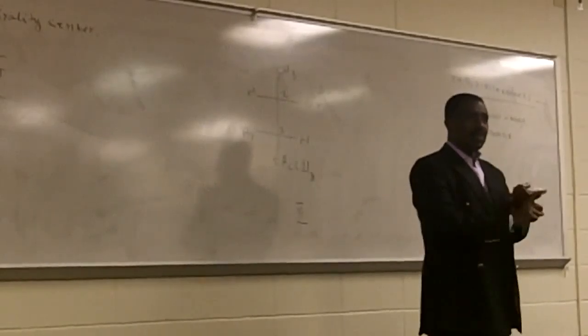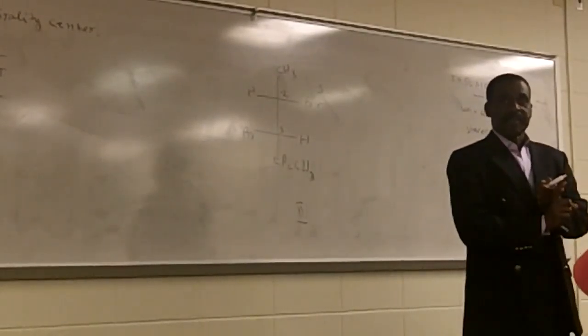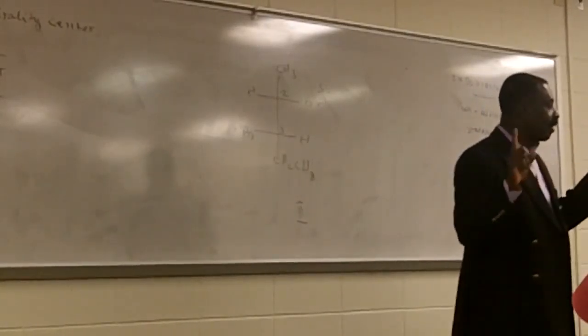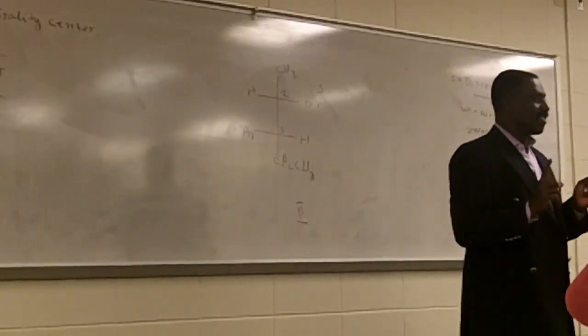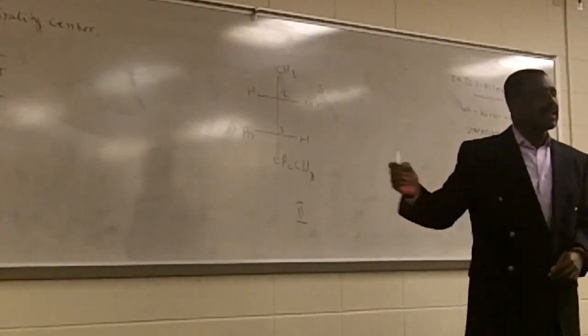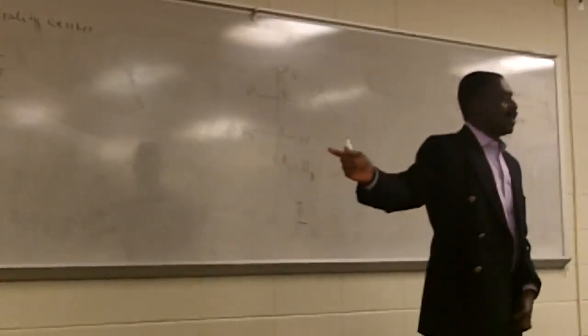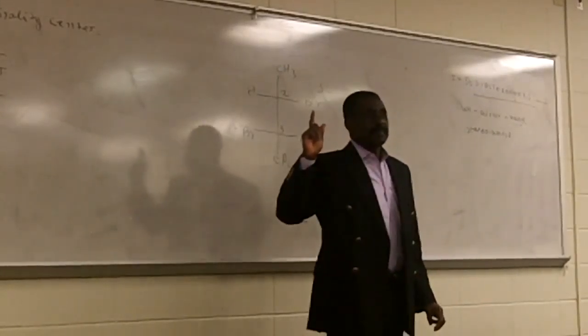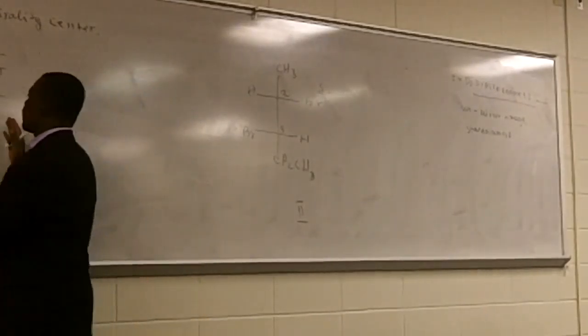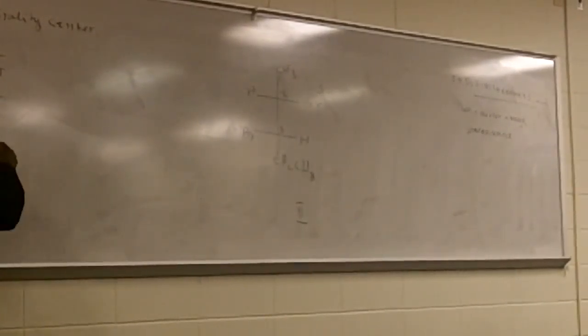And by definition, you know what stereoisomers are: isomers that differ only by the orientation of atoms in space. So once you know it is a stereoisomer and it is non-mirror image, it immediately becomes diastereomer. Okay. Good.